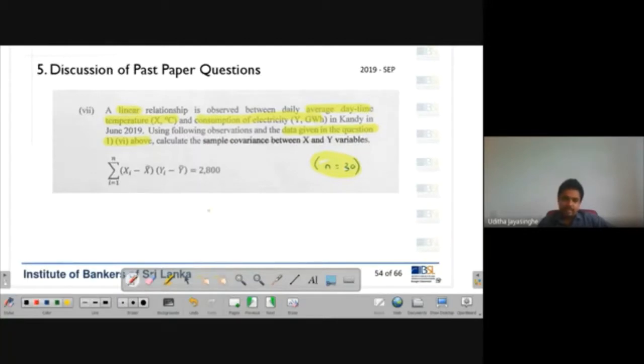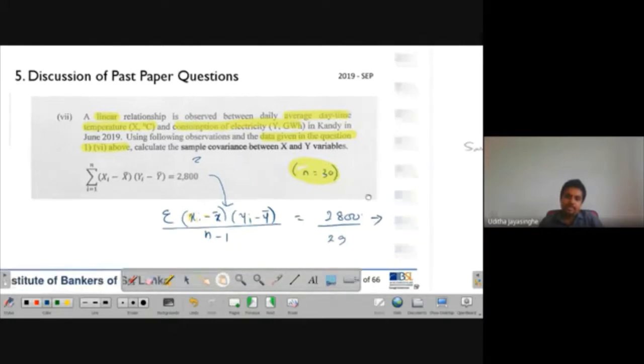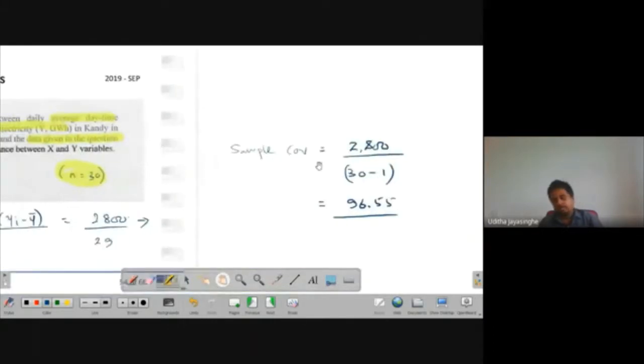The equation is the sigma of (xi minus x bar)(yi minus y bar), and since it is a sample, divided by n minus 1. This portion is given, so it is going to be 2800 divided by 29. I'm bringing in n is equal to 30 from the previous question. This is the answer that you need to look for, 96.55.